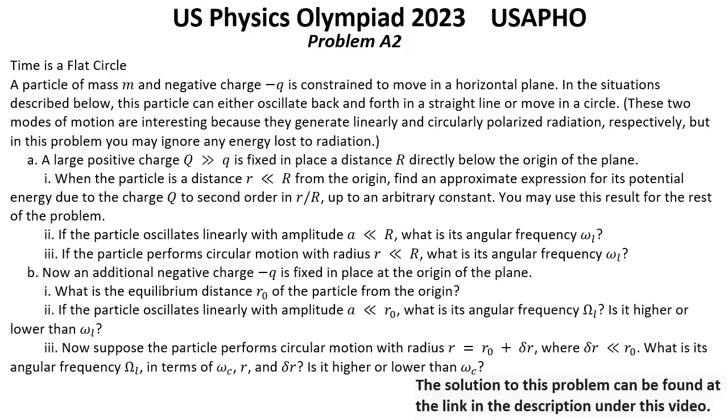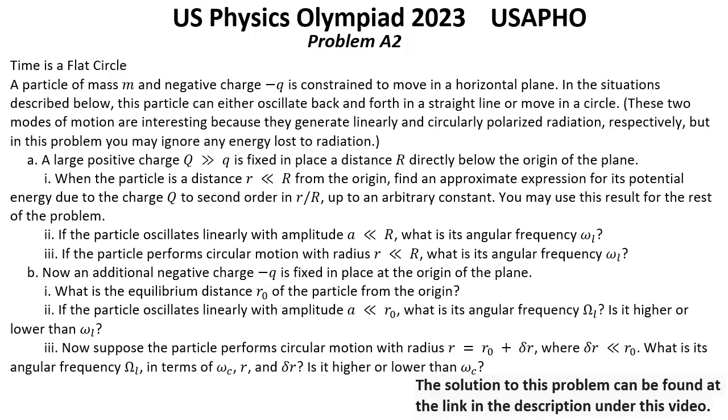In the situations described below, this particle can either oscillate back and forth in a straight line or move in a circle. These two modes of motion are interesting because they generate linearly and circularly polarized radiation, respectively. But in this problem you may ignore any energy lost to radiation.